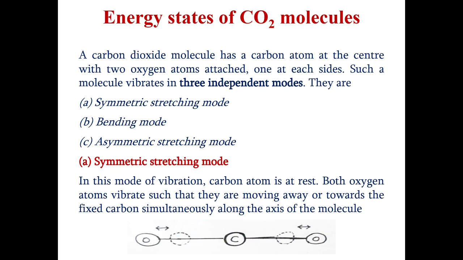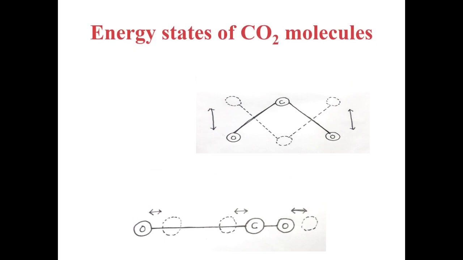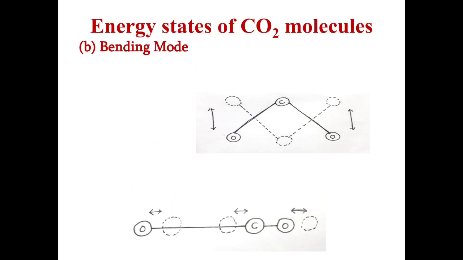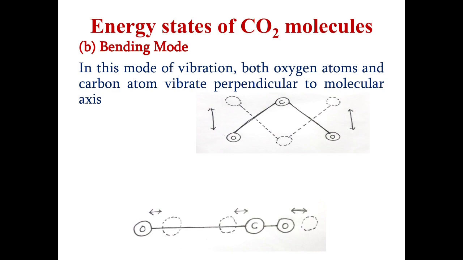First one is the symmetric stretching mode, where the carbon will be sitting at rest at the center, and both oxygens will vibrate. Either they will move towards the carbon or move away from the carbon along the axis of the molecule in a linear fashion. This is the symmetric stretching mode.